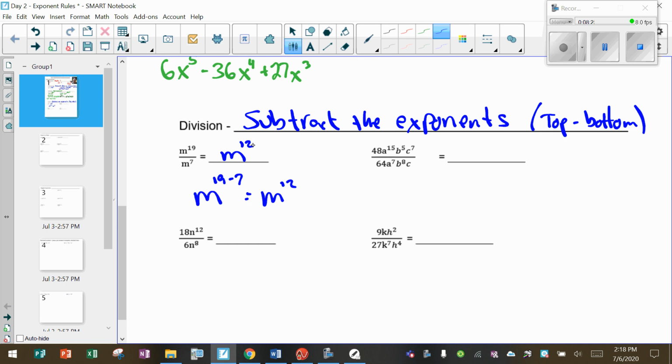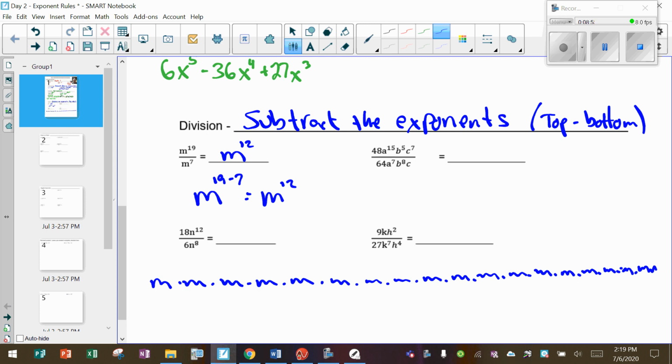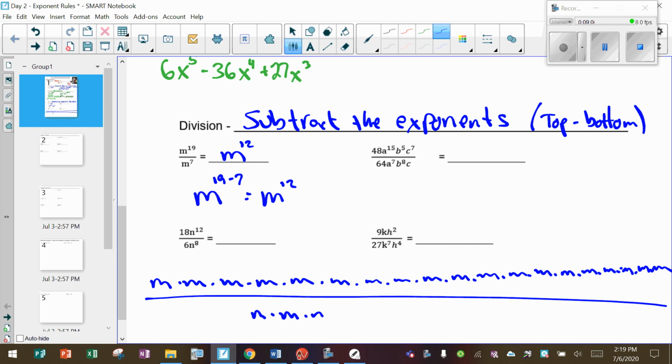So the theory behind this is that anything divided by itself is 1. 6 divided by 6 is 1. 8 divided by 8 is 1. X divided by x is 1. This m to the 19th is technically 19 m's on the top of our fraction. 1, 2, 3, 4, 5, 6, 7, 8, 9, 10, 11, 12, 13, 14, 15, 16, 17, 18, 19. On the bottom, we technically have 7 m's. 1, 2, 3, 4, 5, 6, 7.